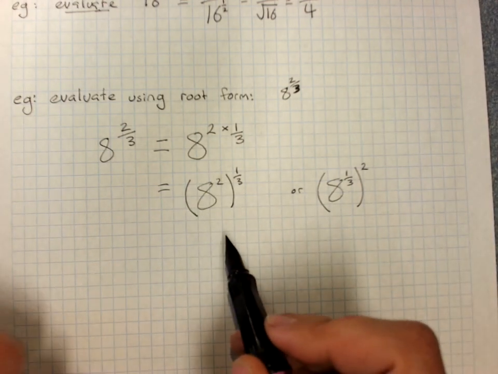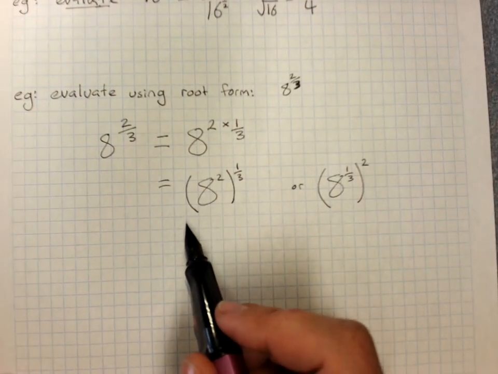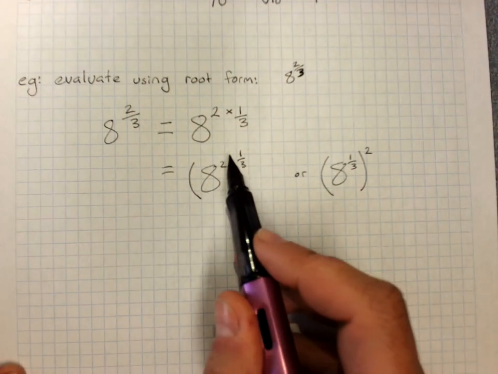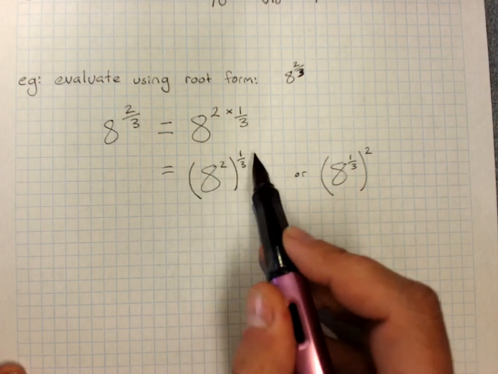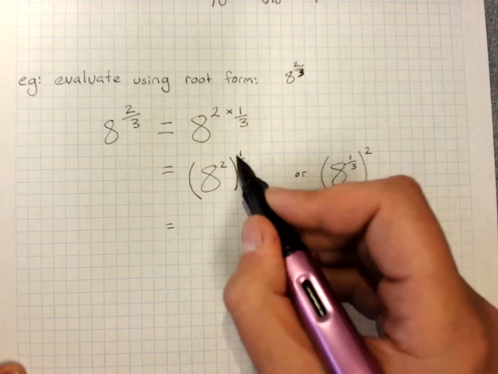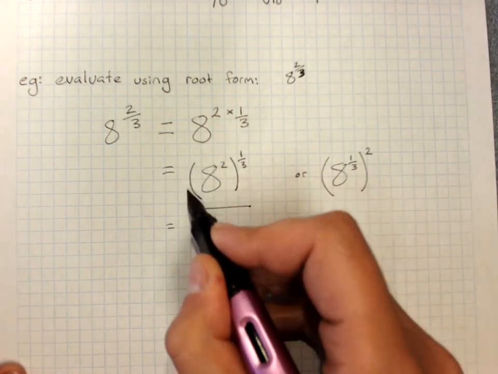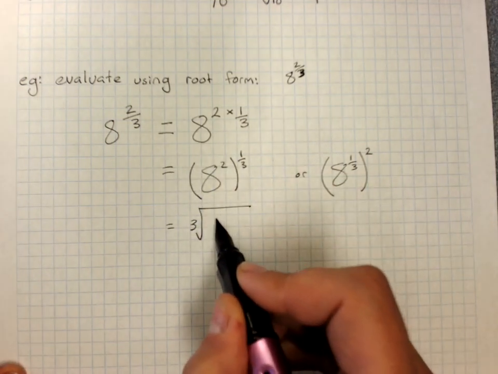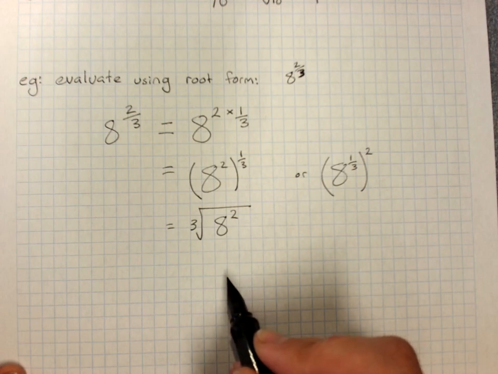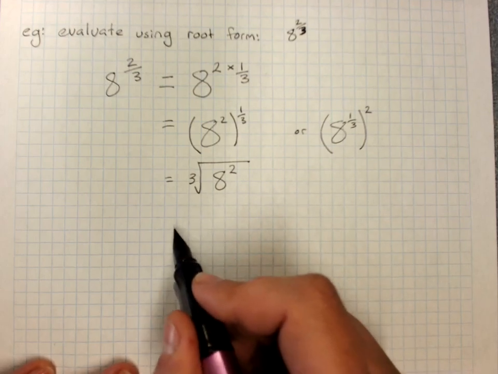Having done that, it's going to help us to realise how we can get this into surd form, because anything to the power of 1/3 is that number's cube root. So this bit says the cube root of whatever's in the brackets, which is 8 squared. And that's the cube root of 64.